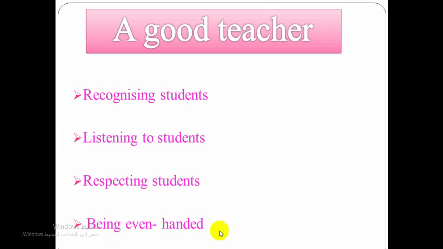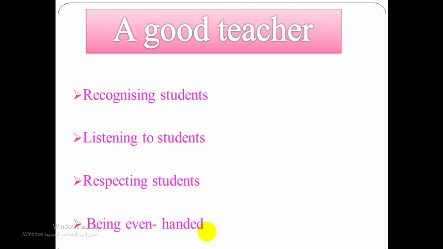What does it mean, being even-handed? This means that, in general, most teachers have some students that they like more than others. For example, we all tend to react well to those who take part, are cheerful, and cooperative.